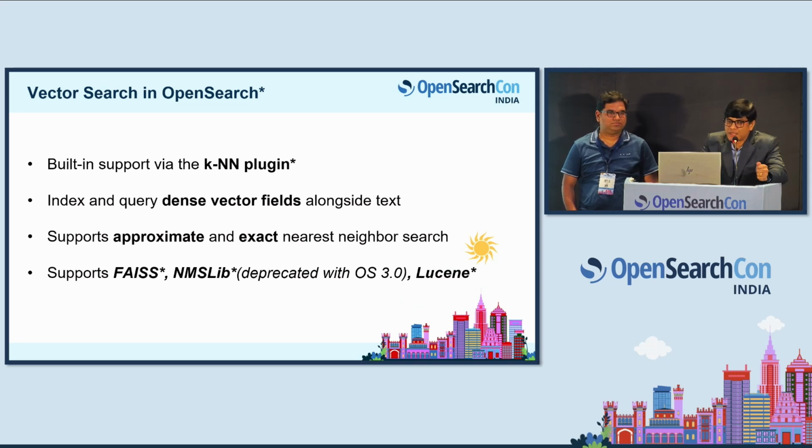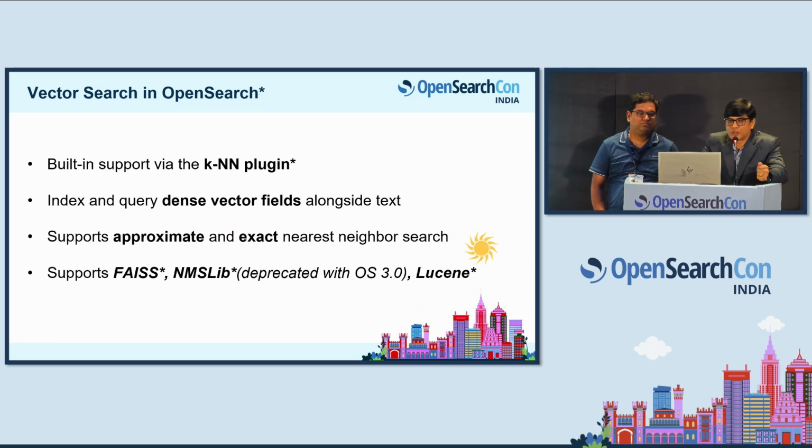So the KNN plugin supports various backend index engines for how to store the vectors. We have something called FAISS, which is Facebook's AI offering for similarity search. We have something called Lucene as well.